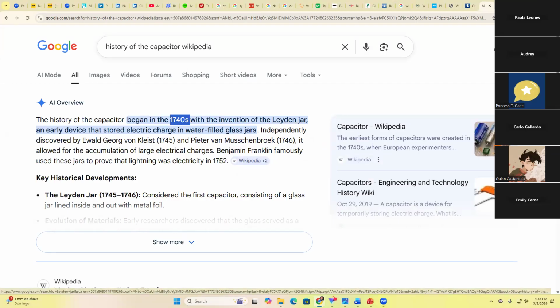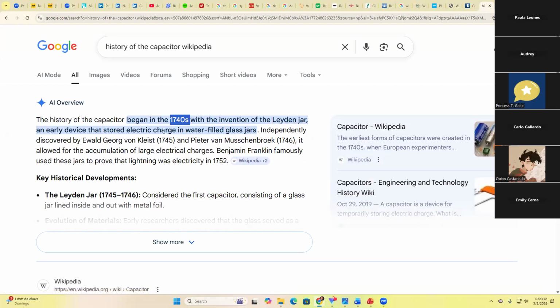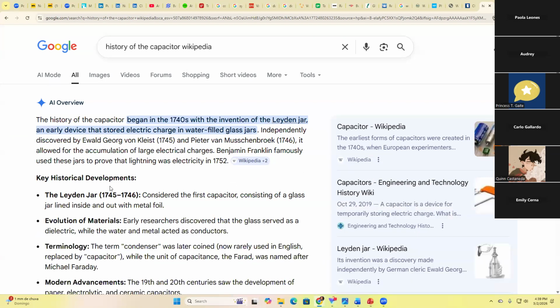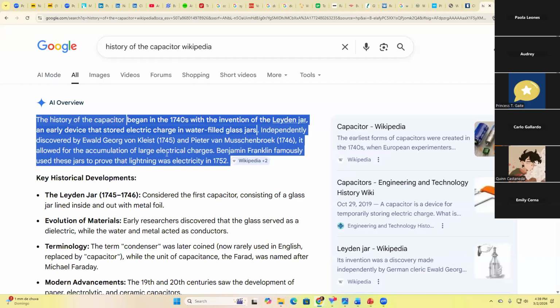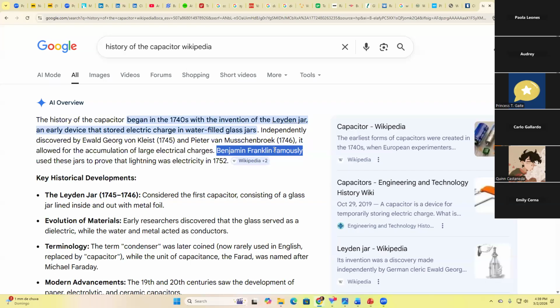Remember I told you about that? An early device that stored electric charge in water-filled glass jars. Independently discovered by Ewald Georg von Kleist and Pieter van Musschenbroek, 1746, 1745. It allowed the accumulation of large electrical charge. Benjamin Franklin, you know that, right?